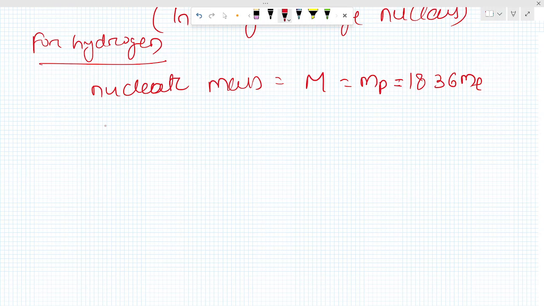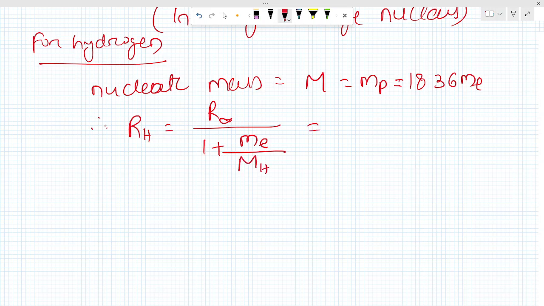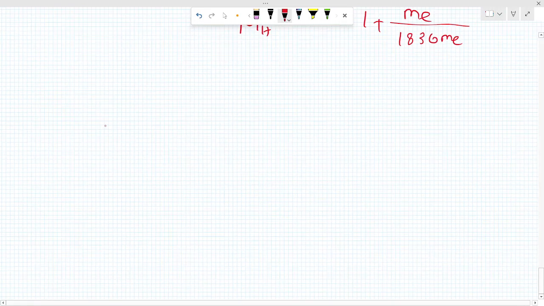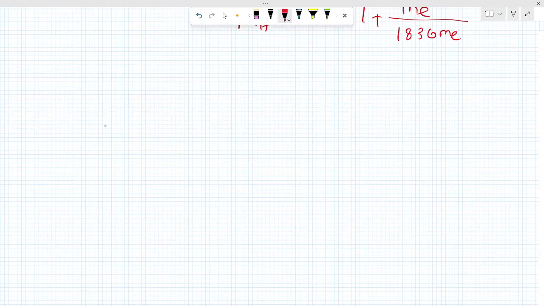So R_H will become R infinite upon 1 plus m_e upon capital M_H. So it will become R infinite upon 1 plus m_e upon 1836 times m_e, isn't it?